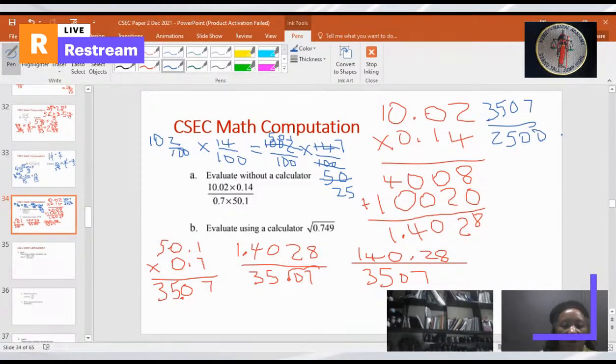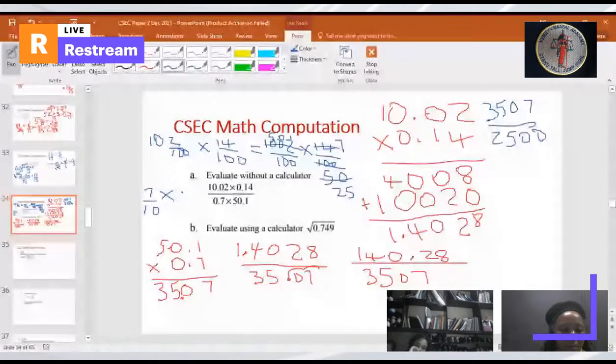So that would be our top number, and we need to work this now. That's 7 tenths times 50 and 1/10.